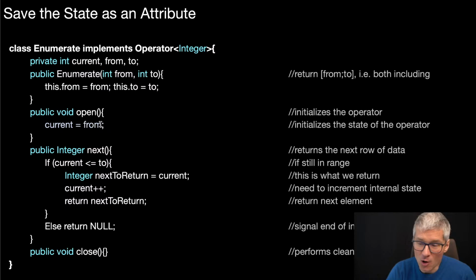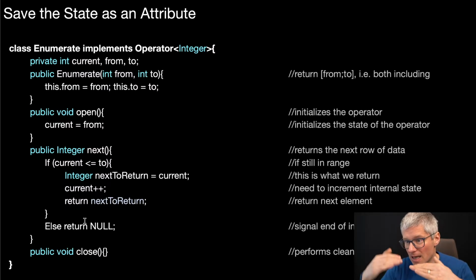So I change open to initialize current with from. Then in the next method, I check whether I'm still smaller or equal than the boundary. I create a variable and assign it with what I want to return next, and then I increase this counter, the internal state of the variable, to the next value, and then I actually return the value.